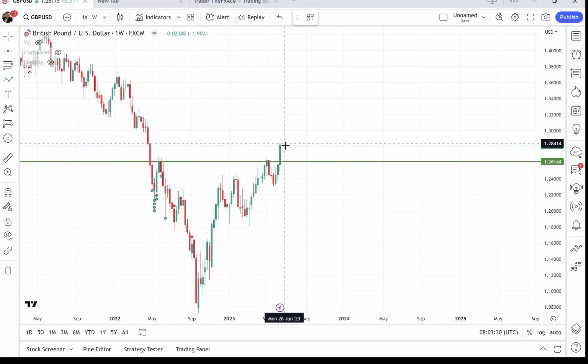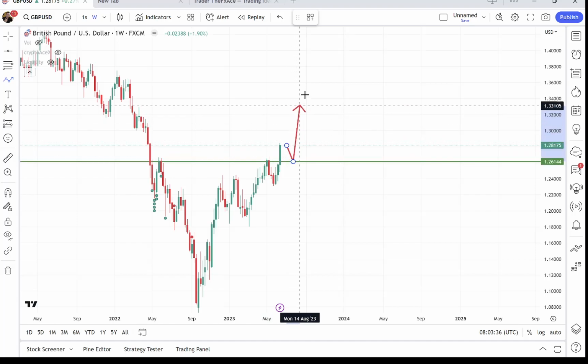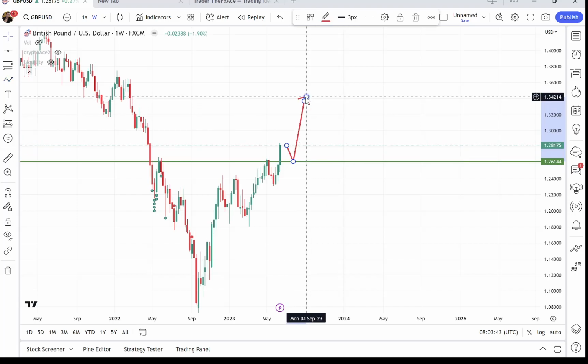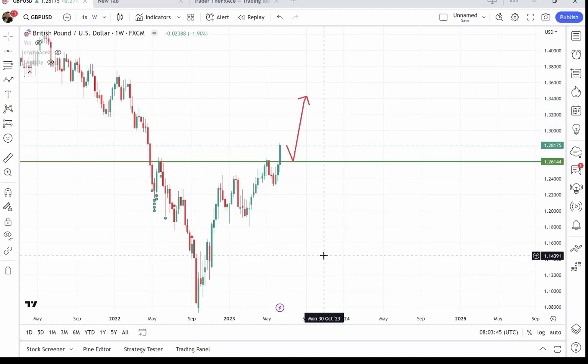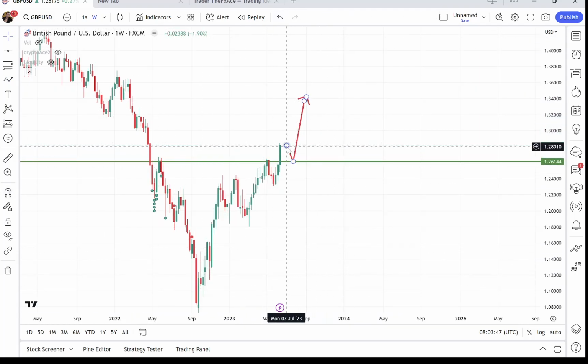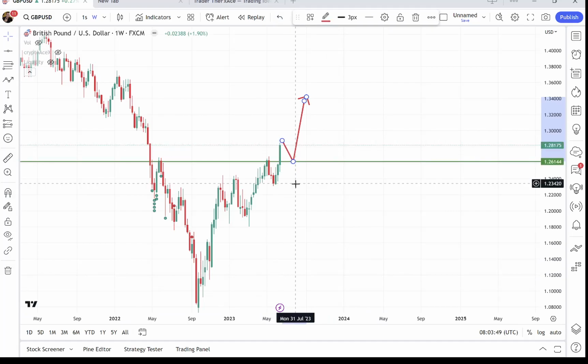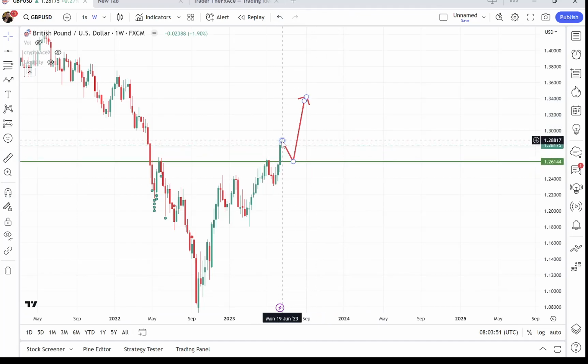So, back down towards 126, and then all the way up to that 133 level up here. Could get a little bit higher early next week.